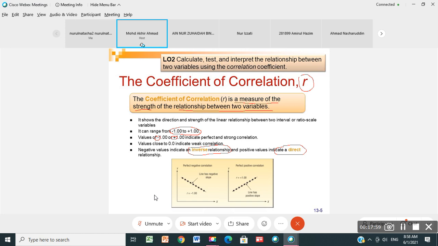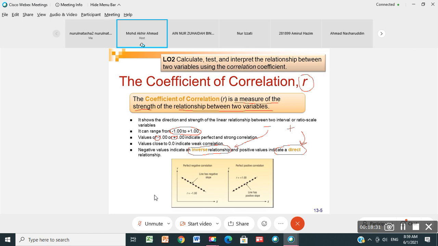In case we get an r value that is minus, this means an inverse relationship. In case we get an r value that is plus in front of it, then it means a direct relationship. This one is the definition by the symbol. Then they have the value 0 to 1.